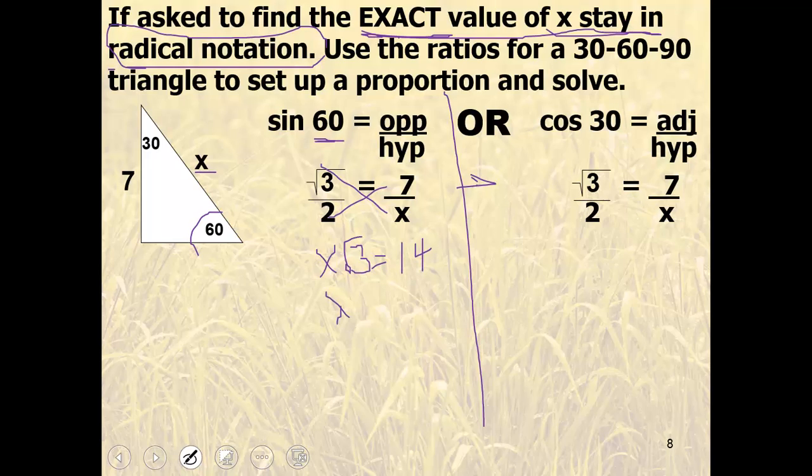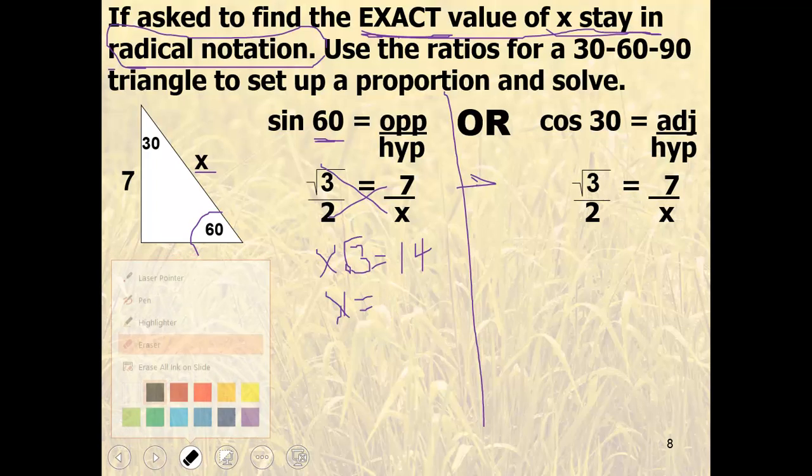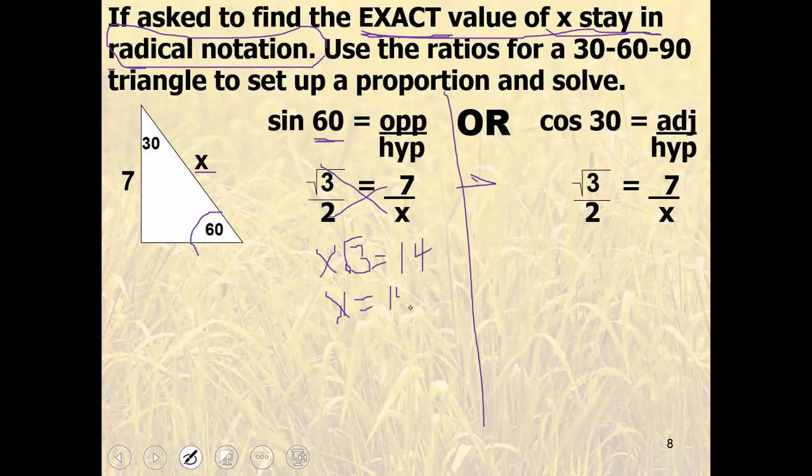So that means x equals 14 divided by the square root of 3. And then I just multiply by the square root of 3 over the square root of 3. And I get 14 square roots of 3 over 3. Just like that. Okay?